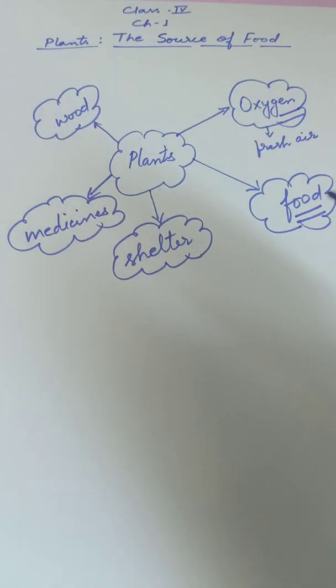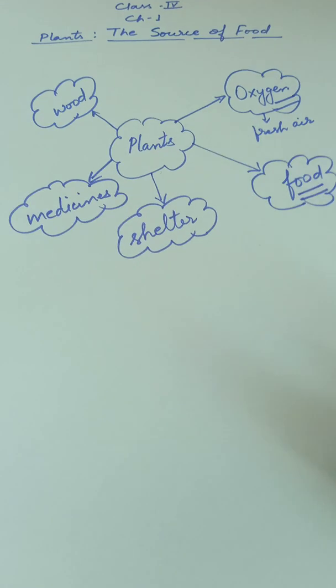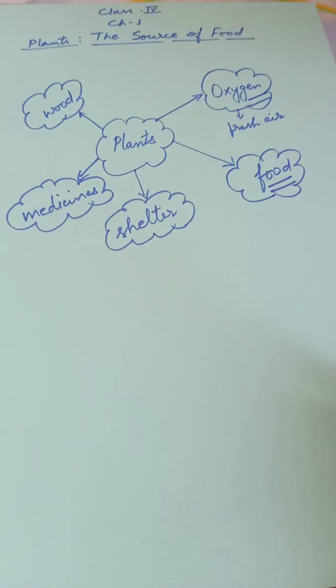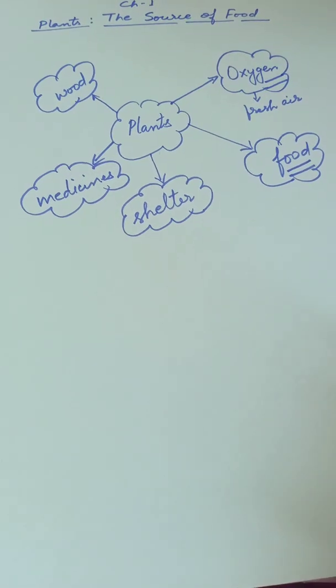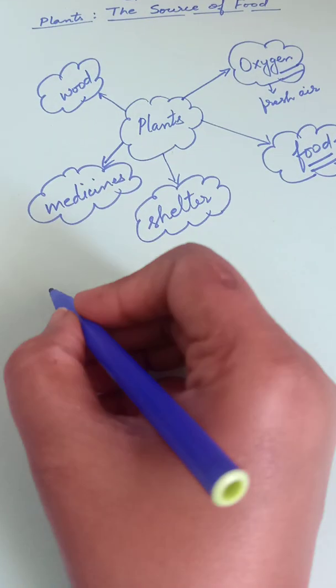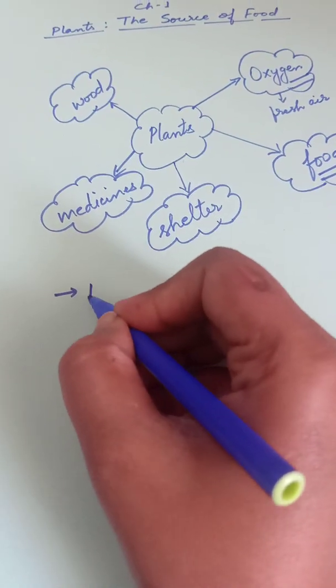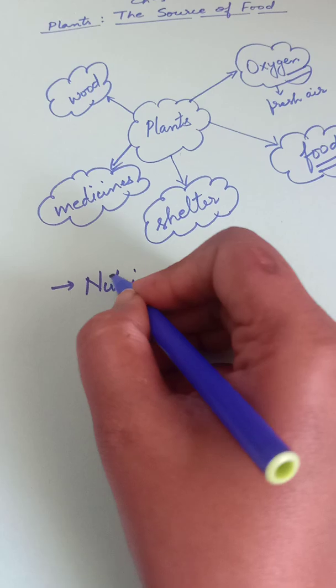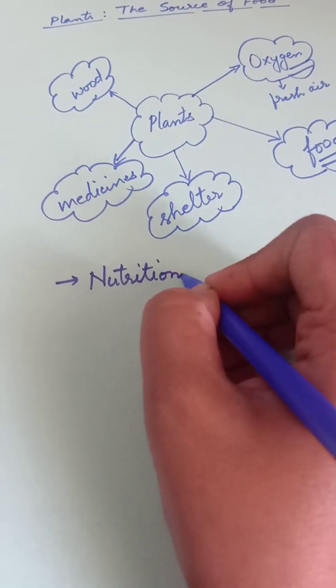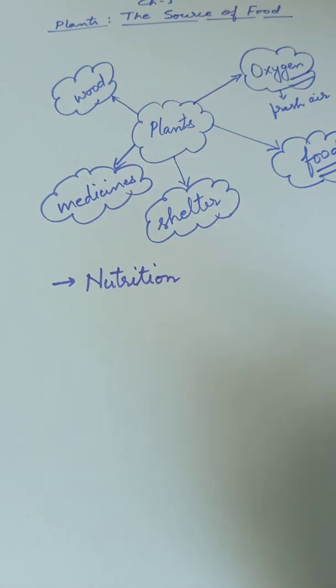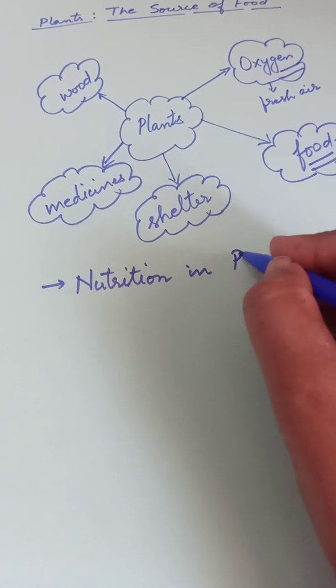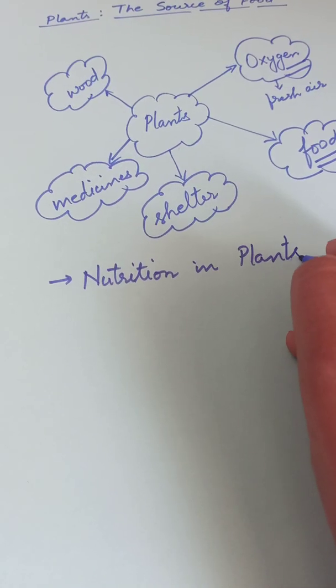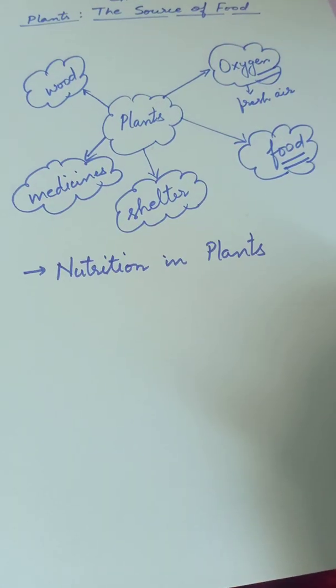But before starting this chapter, we need to understand how plants are getting their food or plants are getting their nutrition.